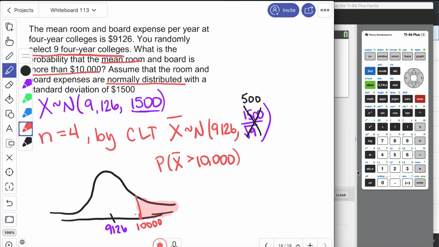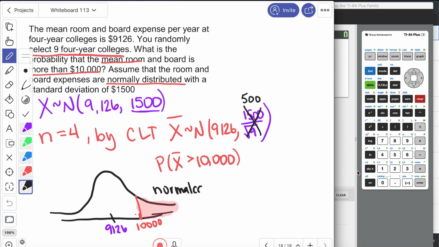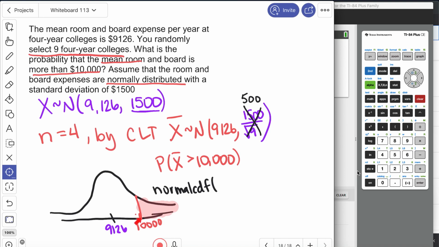And again, this is just a normal CDF problem. So we'll do normal CDF. The shading or the lower bound starts at 10,000.